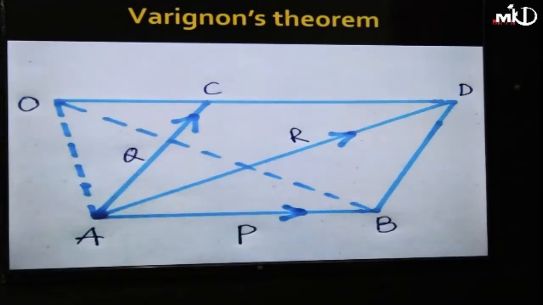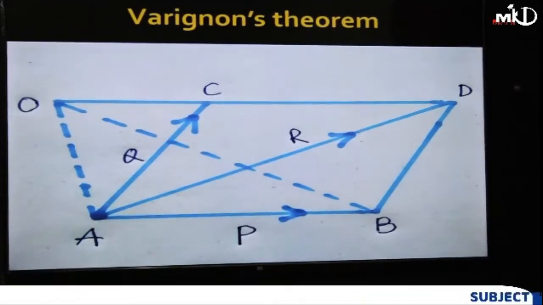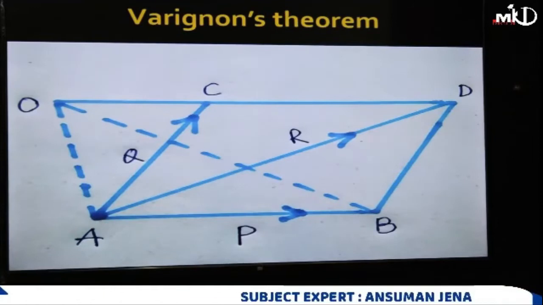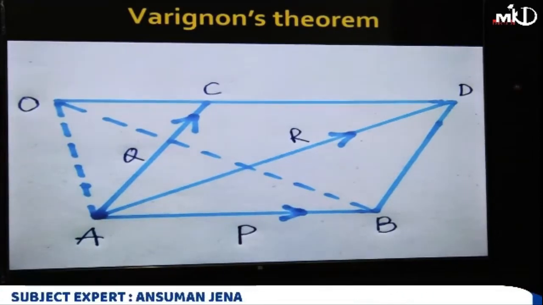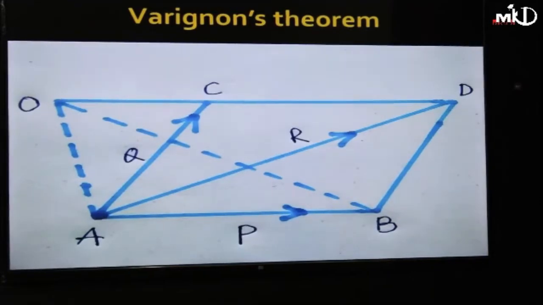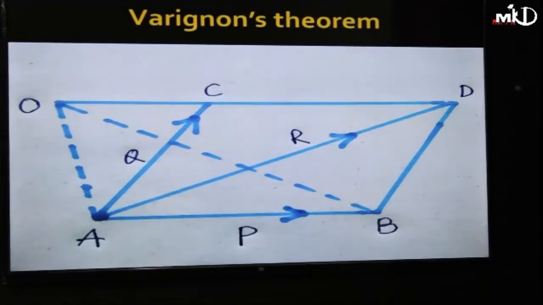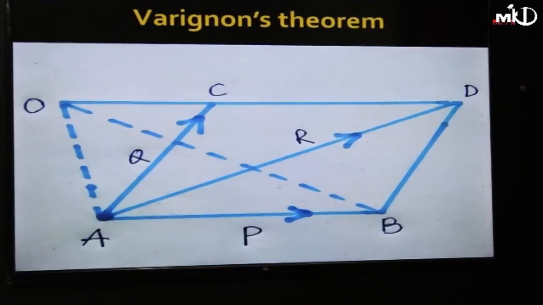So the area of triangle ACD is equal to the area of triangle ABD, which is equal to the area of triangle AOB.